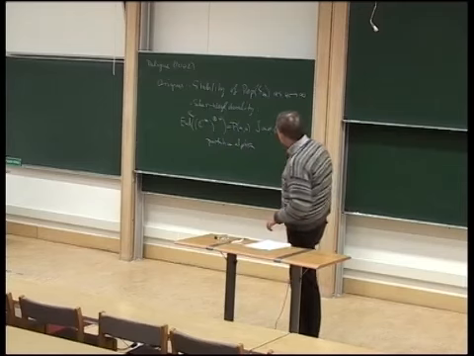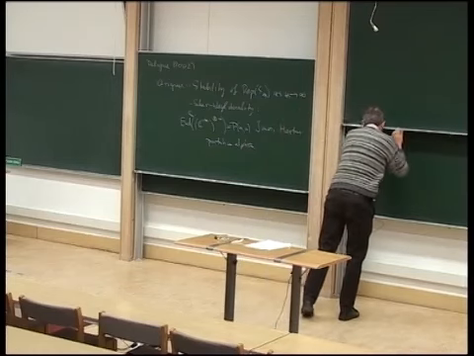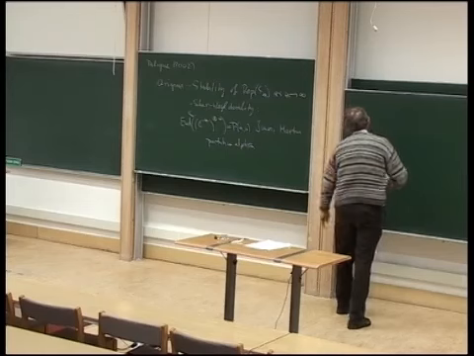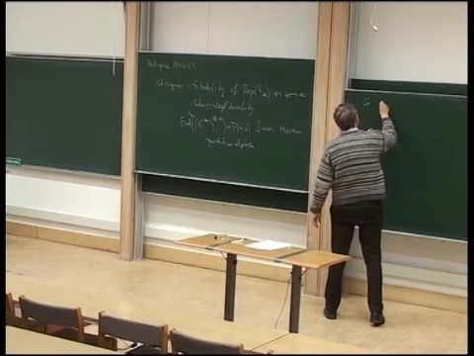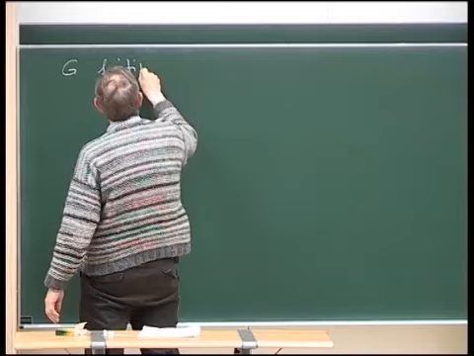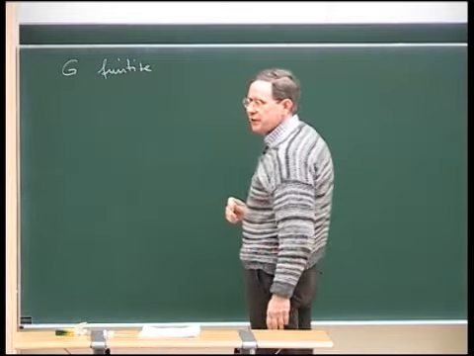Okay, now let's start. Let's start for simplicity with a finite group G. By the way, all representations will be over the complex numbers.